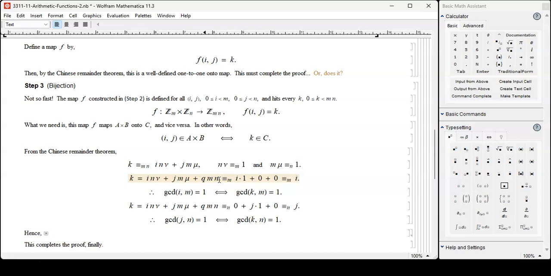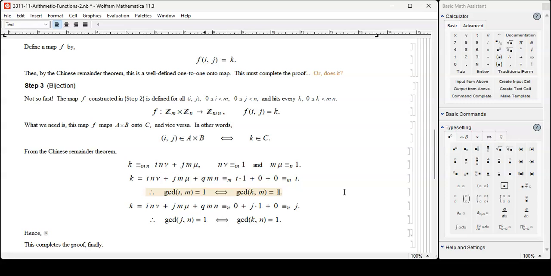Now here, apply mod m operation. Mod m operation will make all these 0, so what you'll get? Oh, mod m operation, n times nu is also equal to 1 mod m, so we get k is congruent to i. So k and i are the same as far as mod m is concerned. So we get this conclusion.